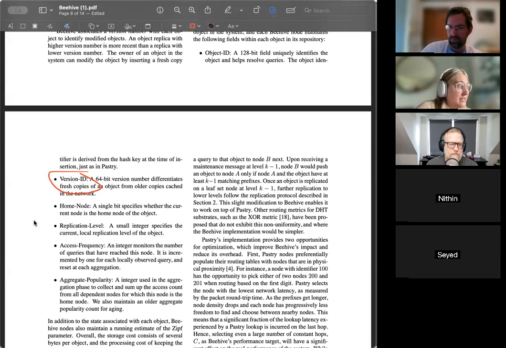Right. So this is a problem that we see a lot in pub/sub systems like this. It's really, really difficult to prevent your network from censoring updates, right?